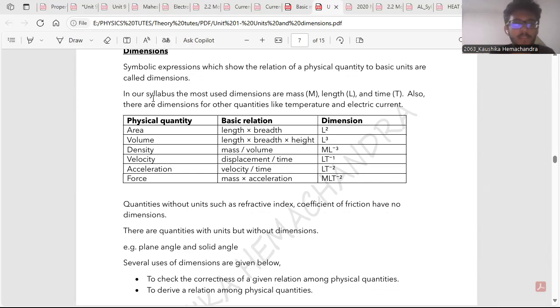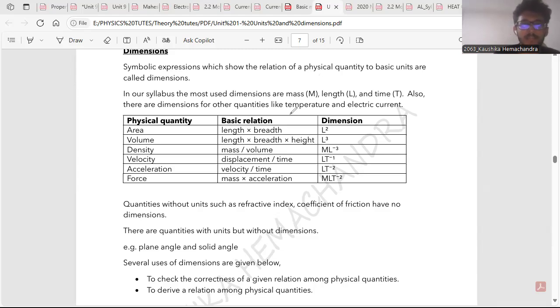But there are no prefixes, no multiples or submultiples. So whether it's meter or kilometer is the same dimension for length. If it's a time measurement, whether it's hour or minute or second, the dimension is the same, right?